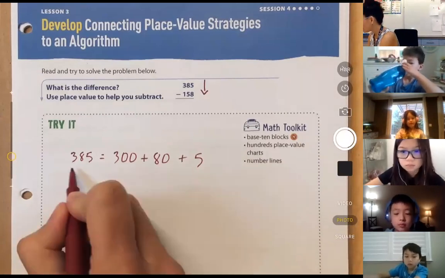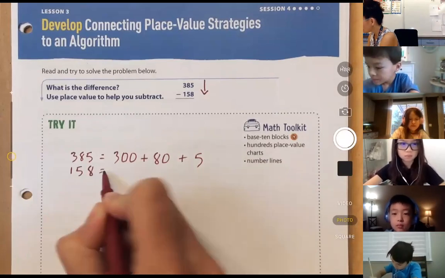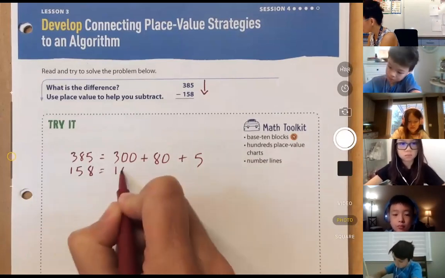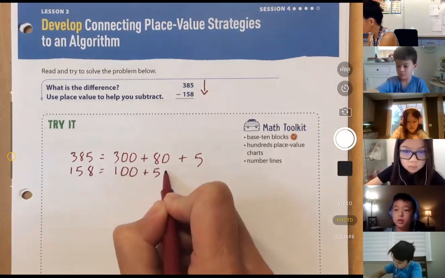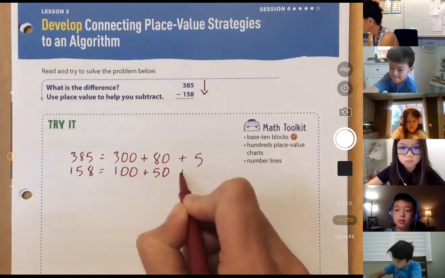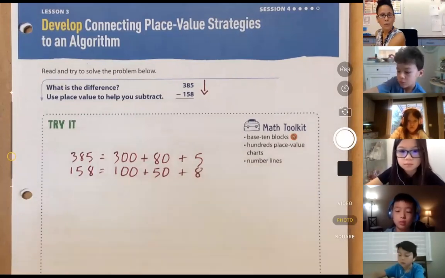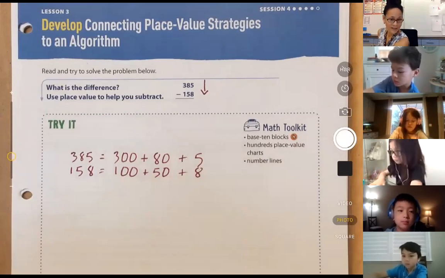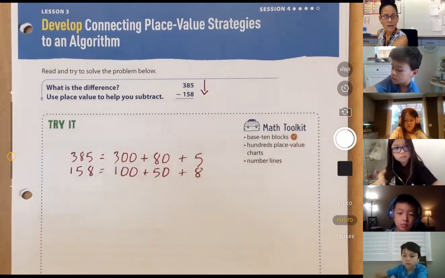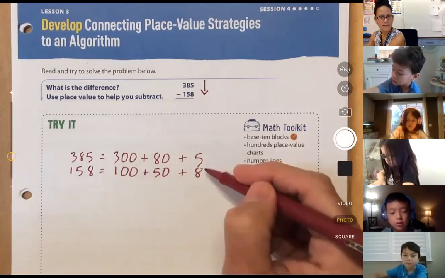So 158 equals 100 plus 50 plus 8. Now, when I do the expansion, and honestly, even before I do the expansion, I can already see that regrouping is going to be necessary.